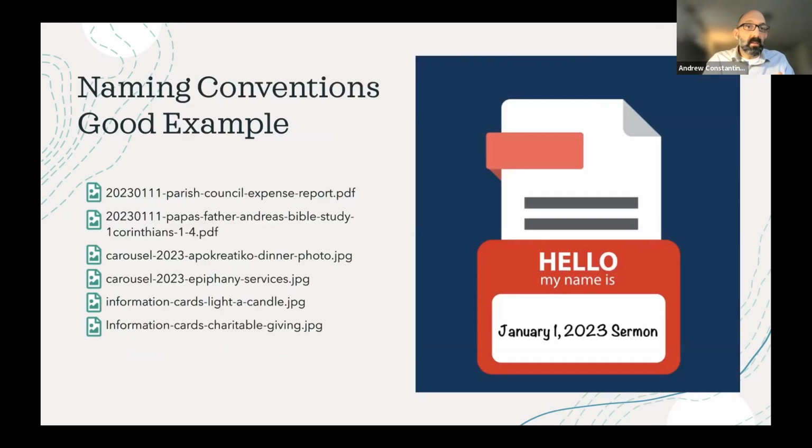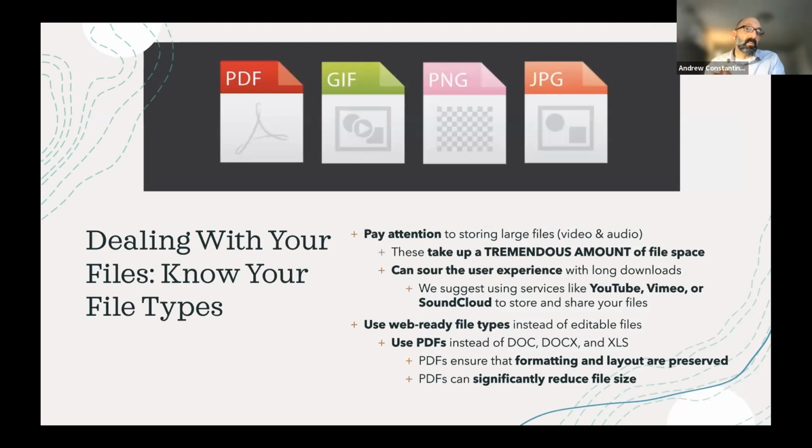In this example of good naming conventions, you'll notice that it's been restricted to PDFs and JPEGs. Now, I didn't take the GIFs out for any particular reason, but I did remove the Microsoft Word files because that leads to our next topic here, which is knowing your file types.